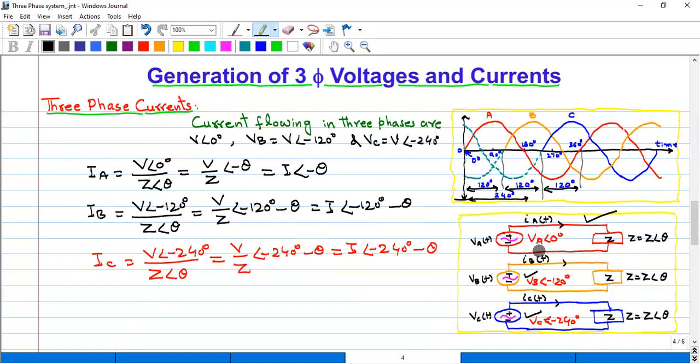When we connect the negative end of the power supplies and the loads with each other, this common point is called neutral. We will discuss in the next lecture what the neutral is and how we can calculate the value of the neutral current. So that's it from this lecture.